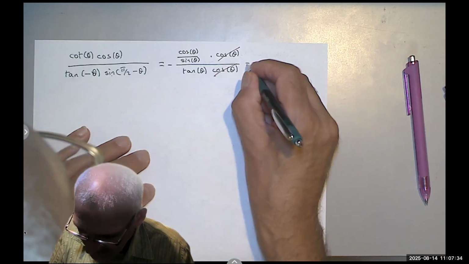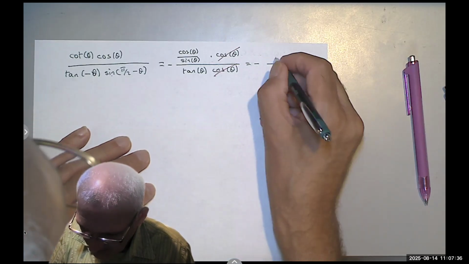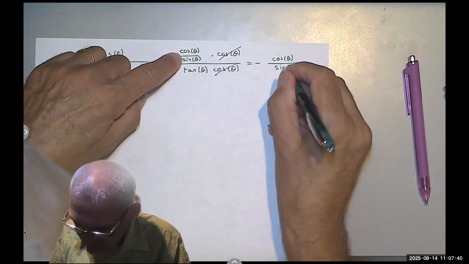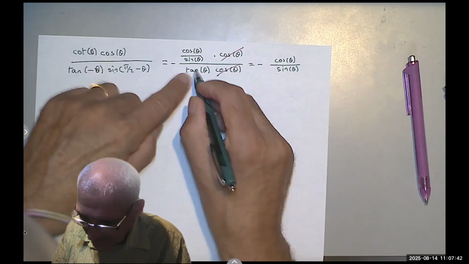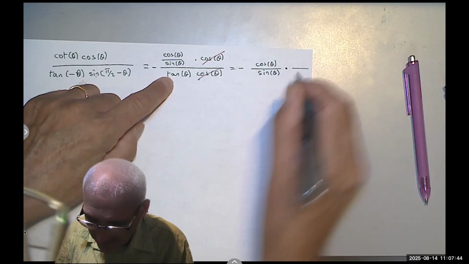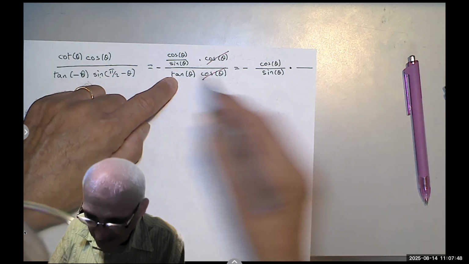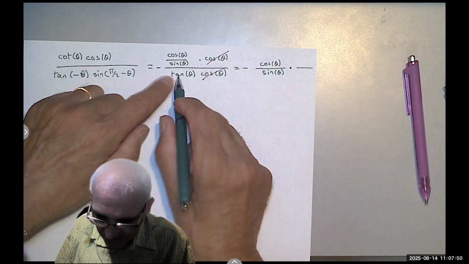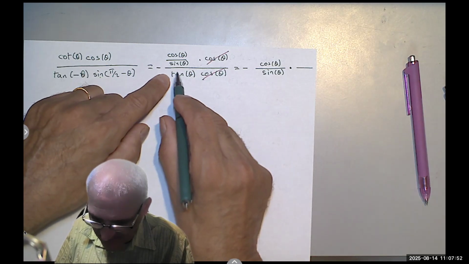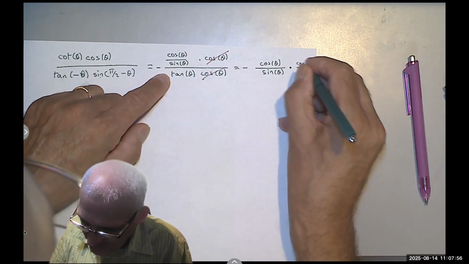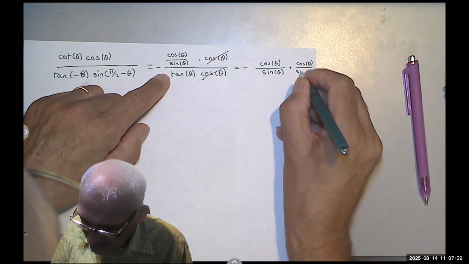And then I would say minus cosine of theta over sine of theta divided by something. So it's multiplied by the reciprocal, right? The reciprocal of tan is cotan. So instead of the denominator being sine over cosine, when I transform it, it becomes cosine theta over sine theta.